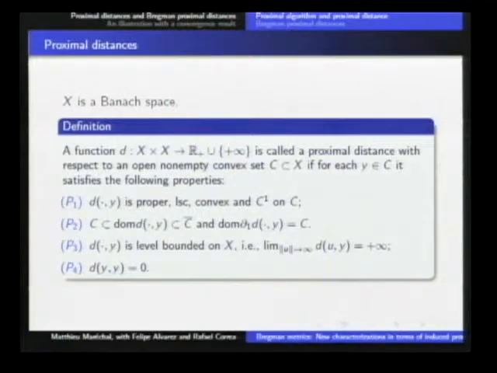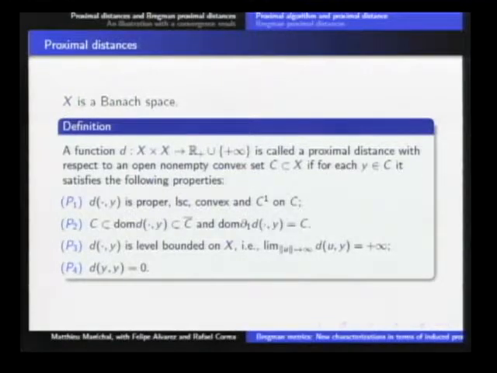So, what is the proximal distance? The proximal distance is a function defined here. I can define it on a product of Banach spaces, associated to an open convex set C. That means for all y belonging to C, this function must be proper, lower semi-continuous and convex with respect to its first variable.